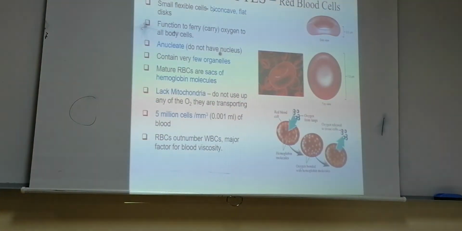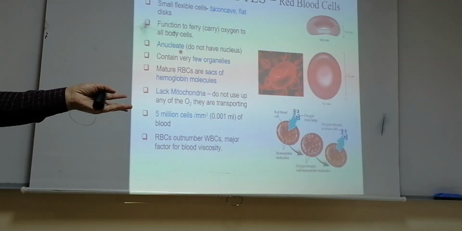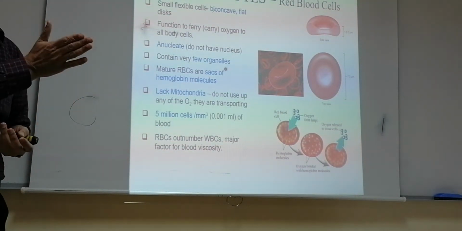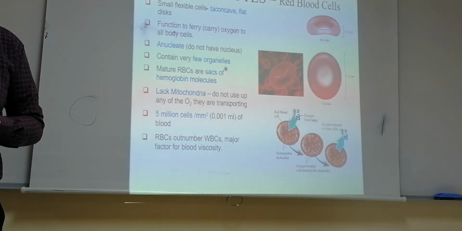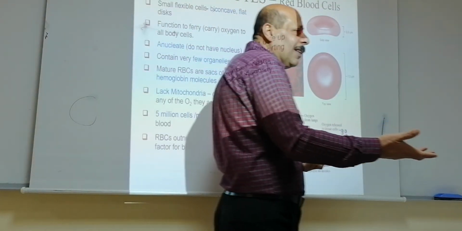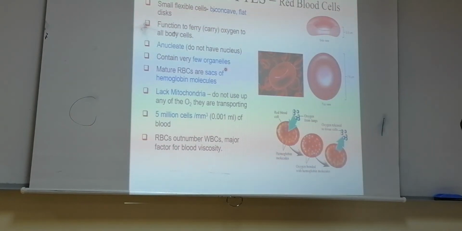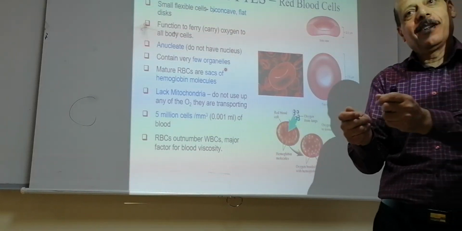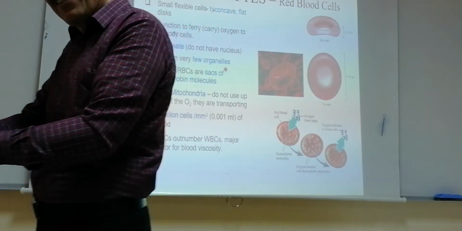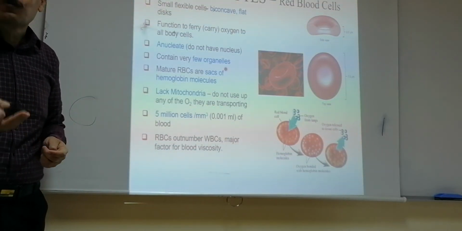Because if it had mitochondria, when the oxygen is linked to it, it would be consumed by the red blood cell before it reached the other cells, and the cells would be deprived of oxygen. But because it doesn't have mitochondria, the oxygen that it's carrying will reach home, it will reach the body cells without the red blood cell consuming anything from it.